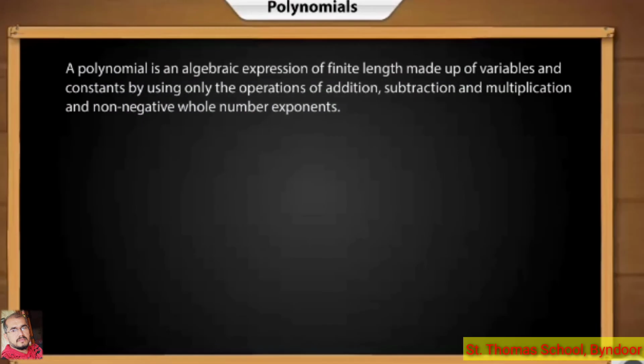A polynomial is an algebraic expression of finite length made up of variables and constants by using only the operations of addition, subtraction, and multiplication and non-negative whole number exponents. For example, x square minus 5x plus 3 is a polynomial.